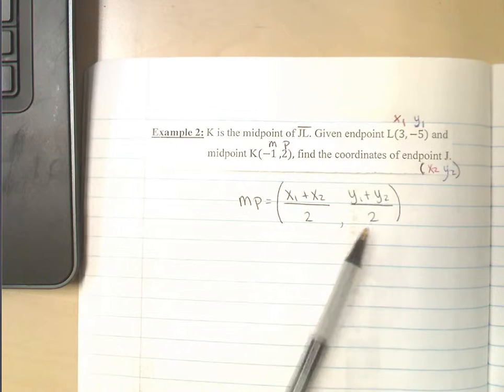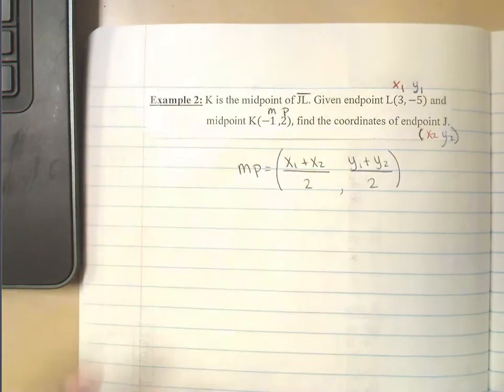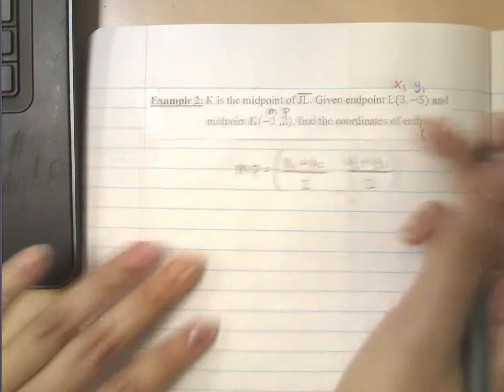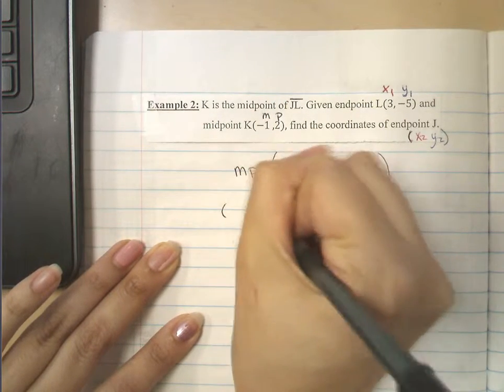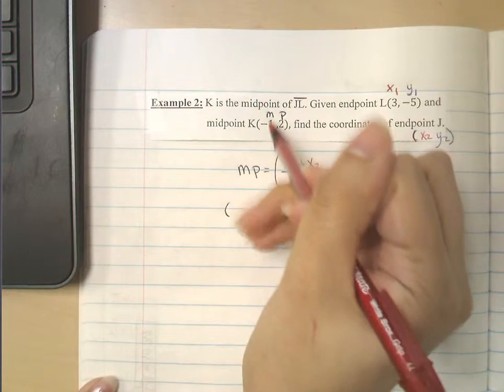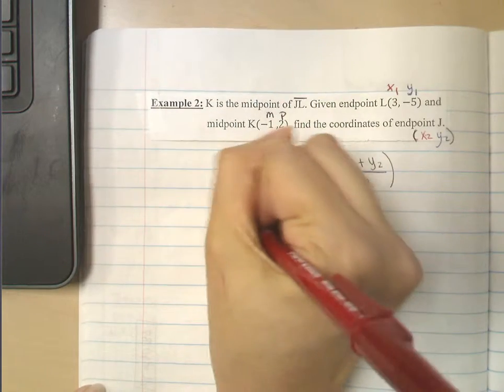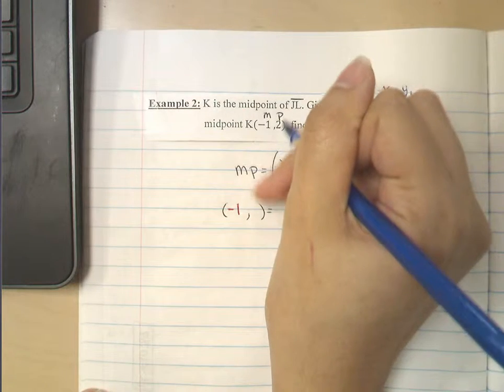And so once you label all your points correctly, we do use the midpoint formula to solve this problem. We're going to plug in all the information that we know. We know the midpoint, that's MP. My midpoint is at -1, my x value, and the y value for the midpoint is 2.